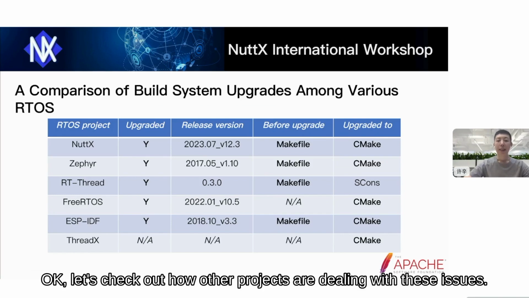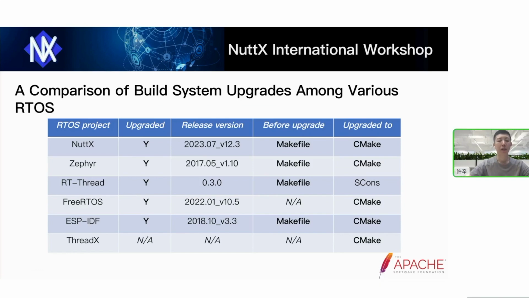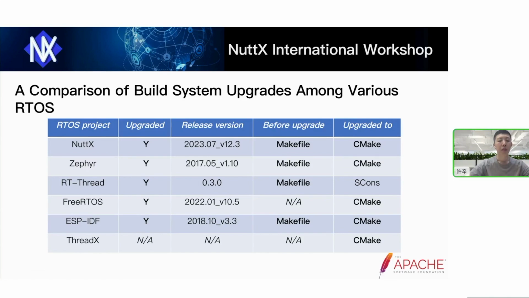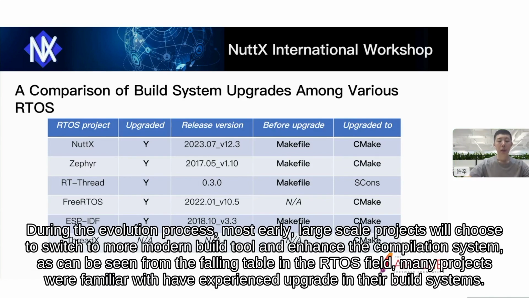Okay, let's check out how other projects are dealing with these issues. The same problems and requirements are prevalent in various large-scale projects. During the evolution process, most early large-scale projects will choose to switch to more modern build tools and enhance the compilation system.